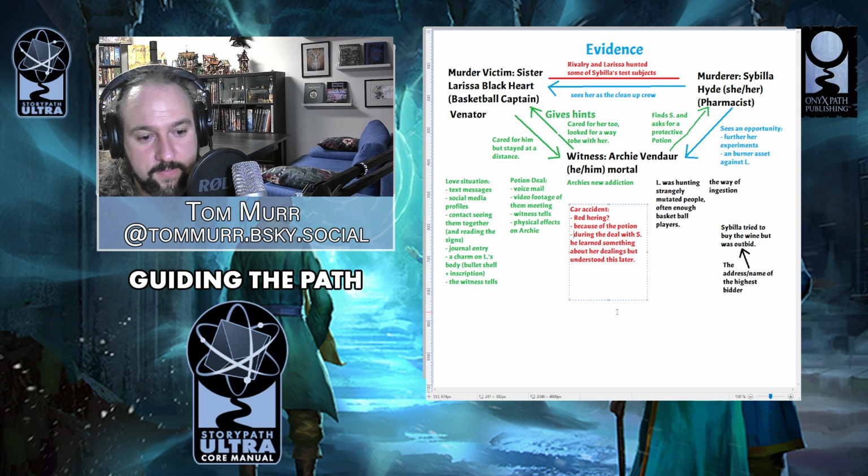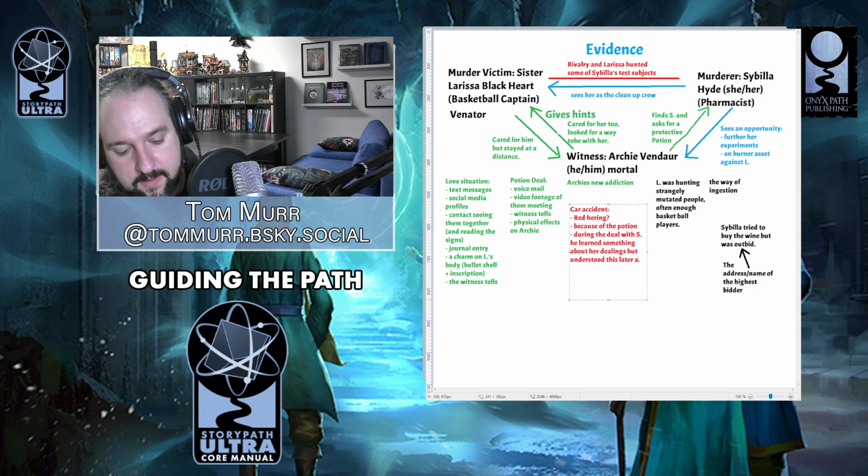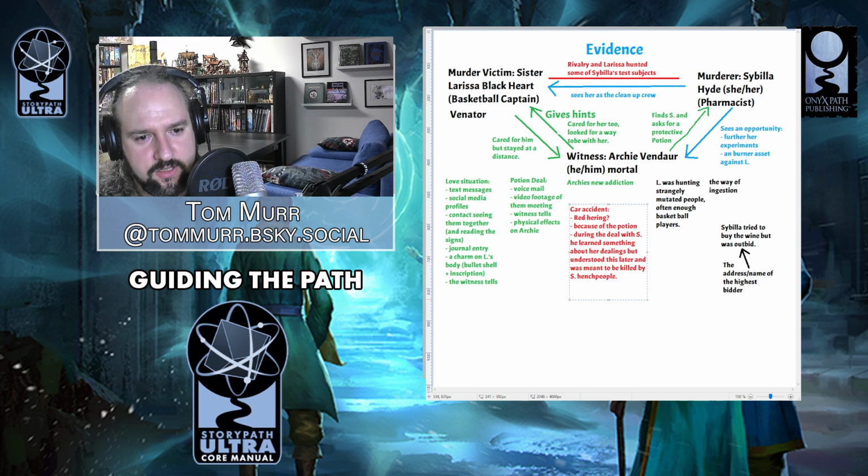Because of the potion, or he learned something about the readings, and was meant to be killed by Sibylla's hench people. Because everyone needs hench people. Okay.